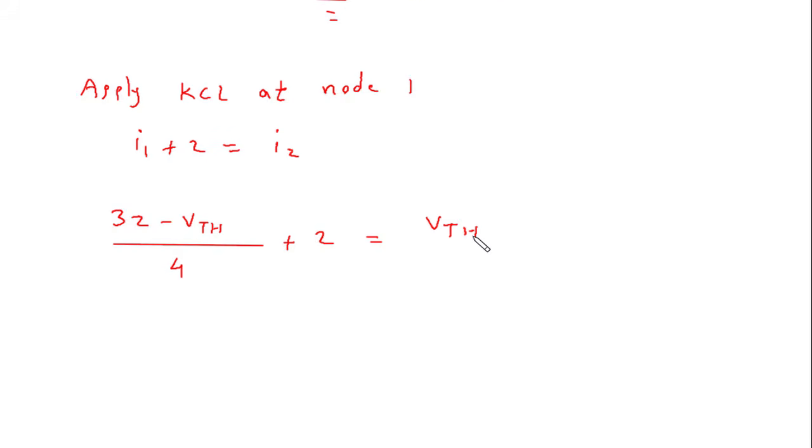So this will be 32 by 4 minus VTH by 4 plus 2 minus VTH by 12 is equal to 0.